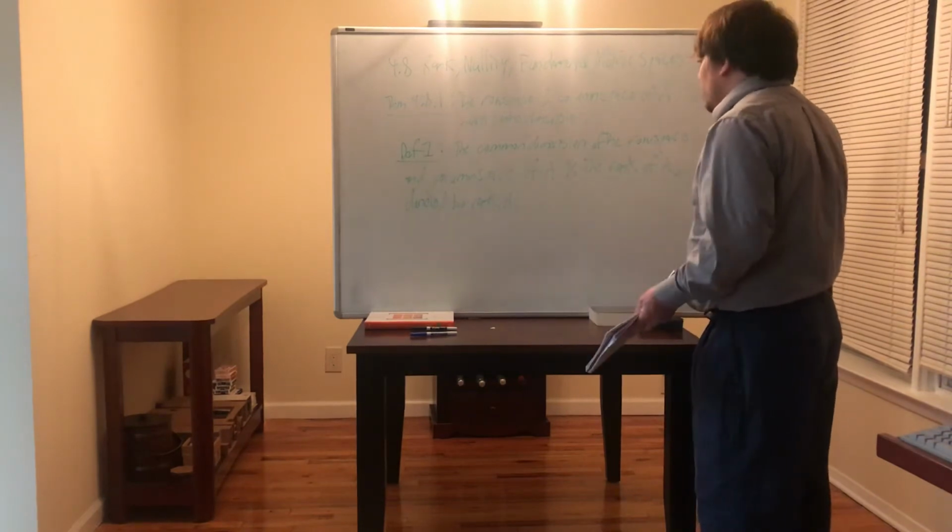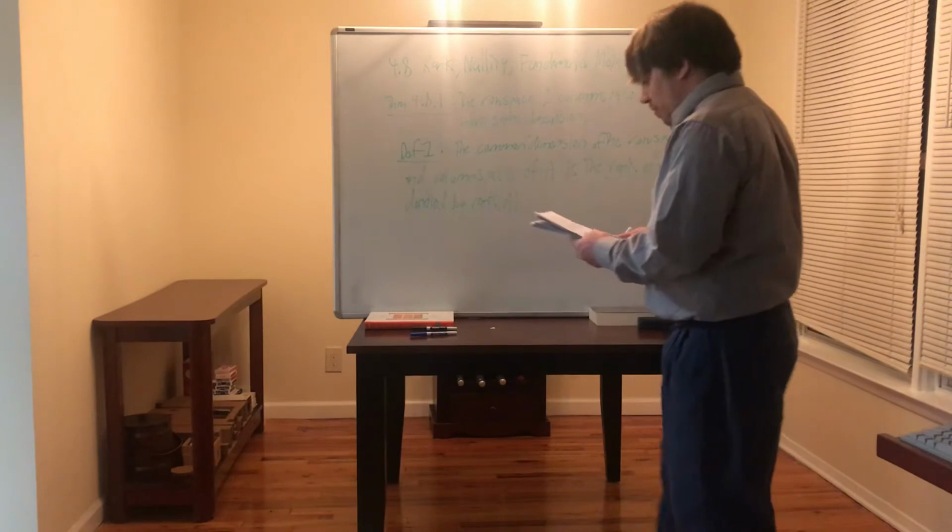So the common dimension of the row space and column space of A is the rank of A, denoted by rank of A, okay?